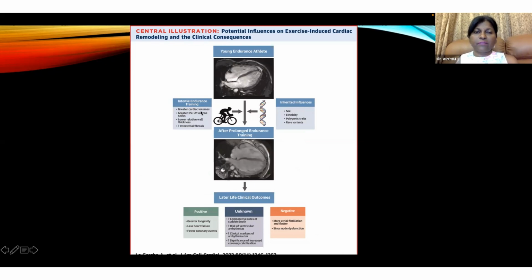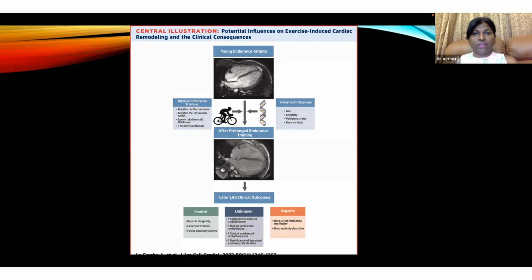With the endurance training, there are going to be greater cardiac volumes and a lower relative wall thickness. There are certain aspects which also contribute to this. One is sex. Men are more prone to remodeling in the heart than women for the same level of activity. Ethnicity too: Black athletes have much more remodeling compared to other ethnicities.